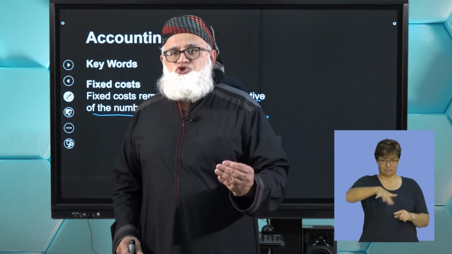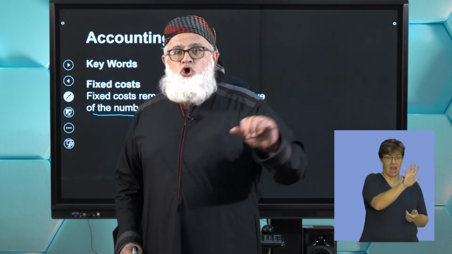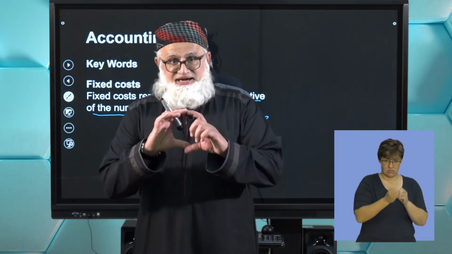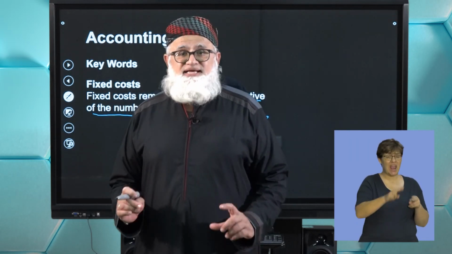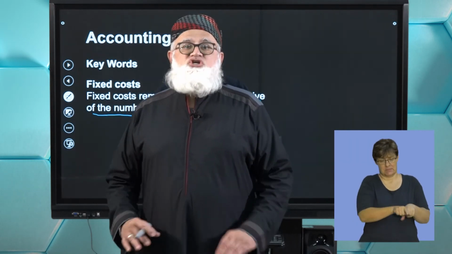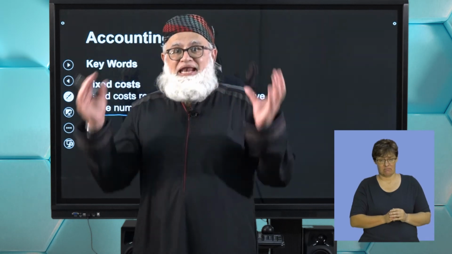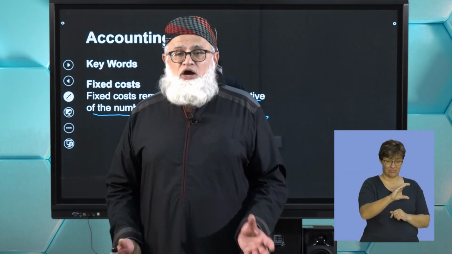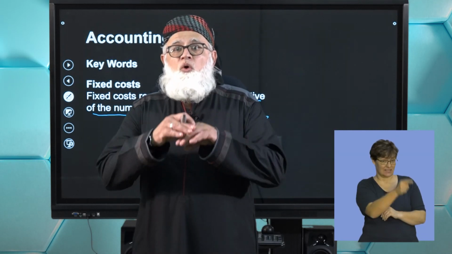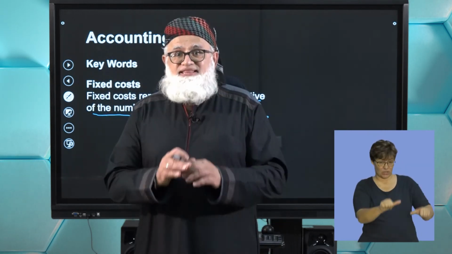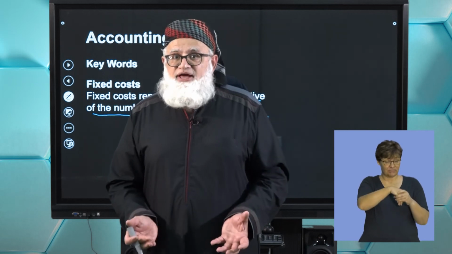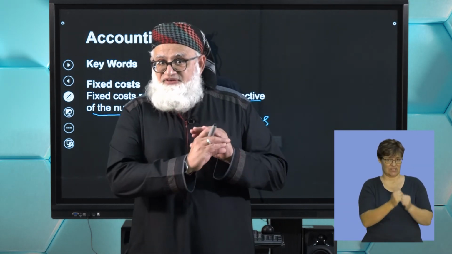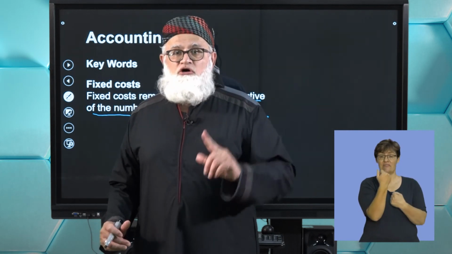Whether you produce 5 items or whether you produce 500 items, the rent for the premises will stay the same, right? So, within the broad category of factory overheads, we say all the accounts that fall within the ambit of factory overheads would be regarded as a fixed cost.